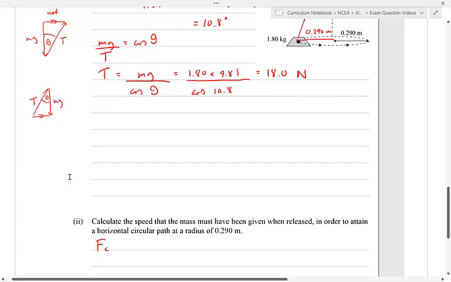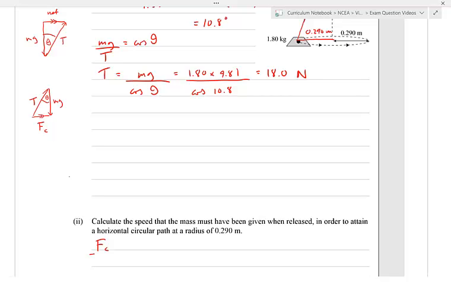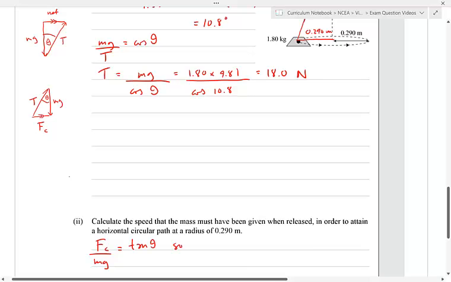That's this one here. So Fc over mg is equal to, that's opposite over adjacent, tan theta. So Fc is equal to mg tan theta.